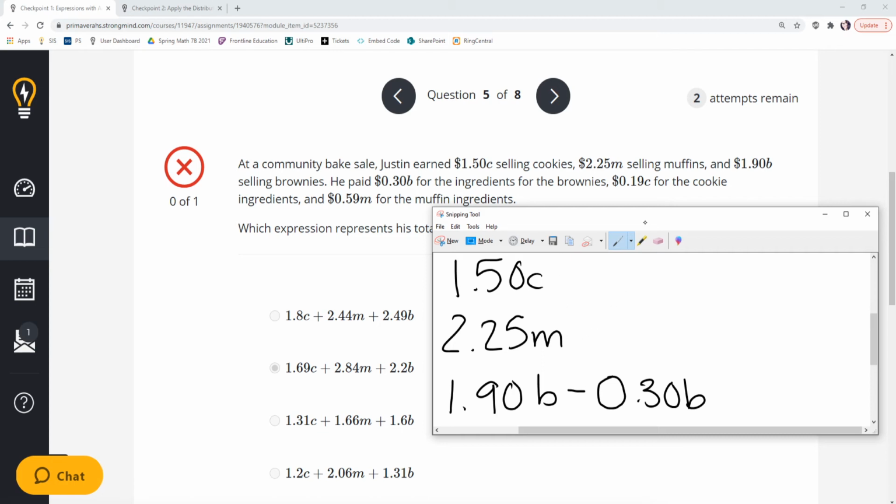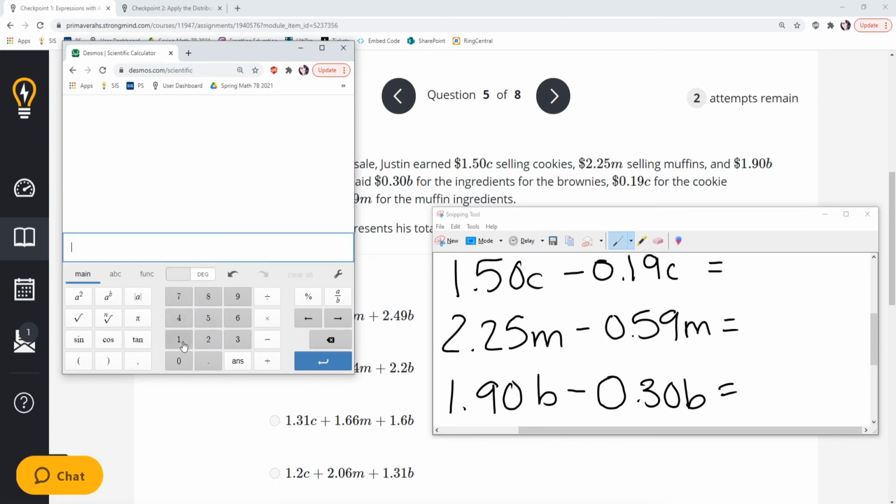The next one is 0.19c. So I'm going to write that next to this. And the last one is 0.59m. Okay. So final step here is going to be typing all these into our calculator. So I have 1.5, and I'm going to subtract that from 0.19.